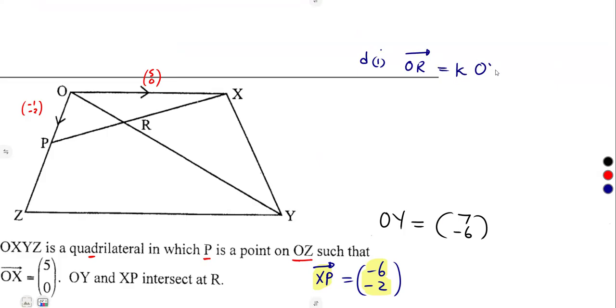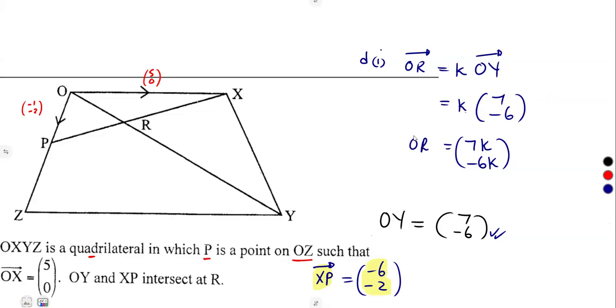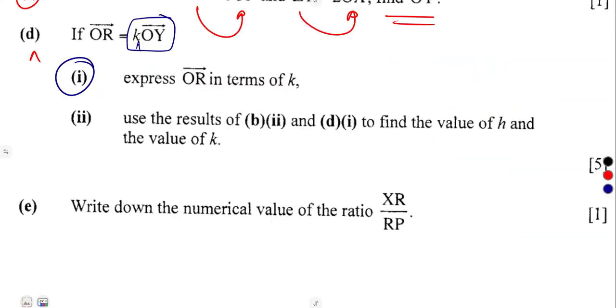Vector OY. So you're going to simply substitute the OY that you calculated, which is (7, -6), multiplied by k. k times 7, that's 7k. k times -6, that's -6k. So that was our vector OR from the OY that we calculated before.